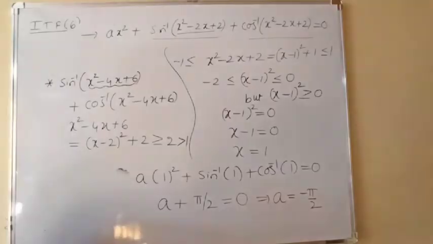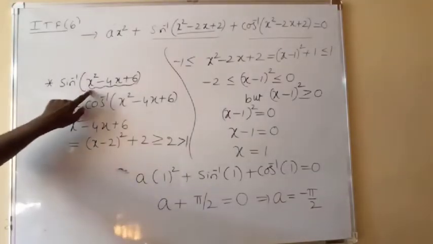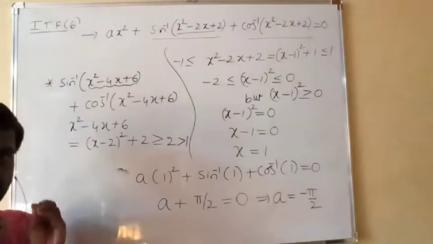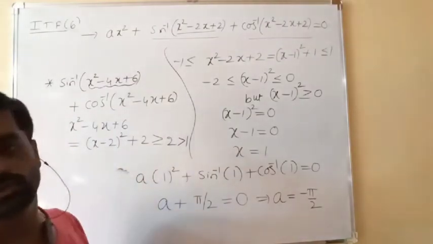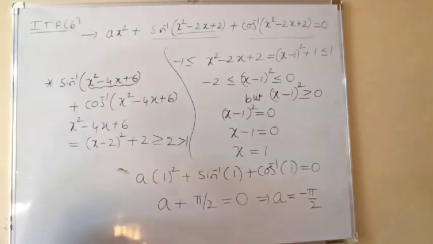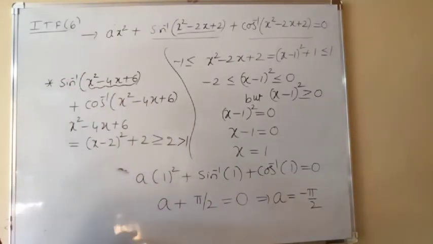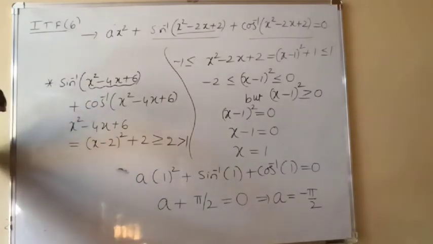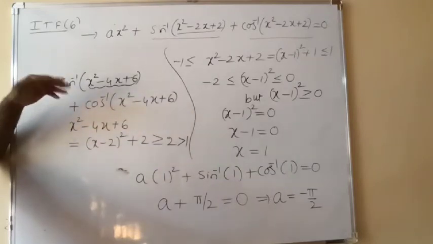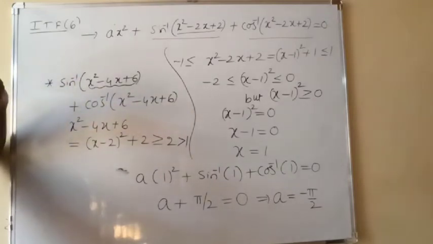So if you substitute any real number x, you will get these two arguments as some number more than or equal to 2 only. But for those numbers, sine inverse and cos inverse of that number do not exist. So for this question, the answer pi by 2 is wrong. The answer is: does not exist, because the function is not defined for any real number x.